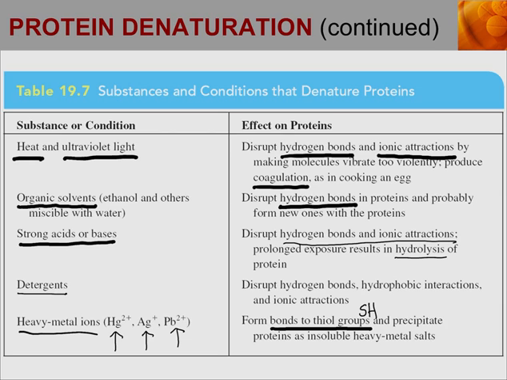For instance, cysteine has that SH group that we saw. That will break apart any disulfide bridges, and it will also precipitate proteins as insoluble heavy metal salts, so they'll no longer dissolve in aqueous solutions. So there are a lot of different ways that you could disrupt a protein's structure.